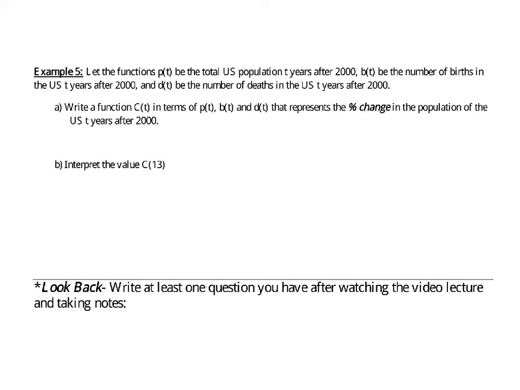Moving on to example 5, we have a scenario that gives us three functions. It says let P of t be the total U.S. population t years after 2000. We have the function B of t, which represents the number of births in the U.S. t years after 2000.